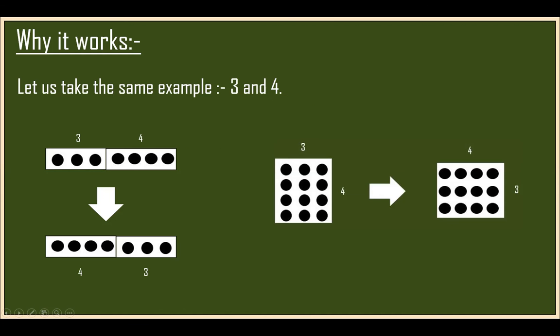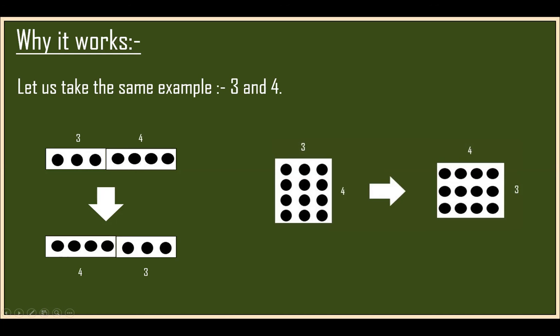Why does it work? Let us see again. We can take the same examples. Let us make two rectangles, one with 3 dots and another with 4 dots. If we arrange the 3 dots one first and the 4 dots one second, which is 3 plus 4, the total number of dots is 7 when you count them: 1, 2, 3, 4, 5, 6, 7.